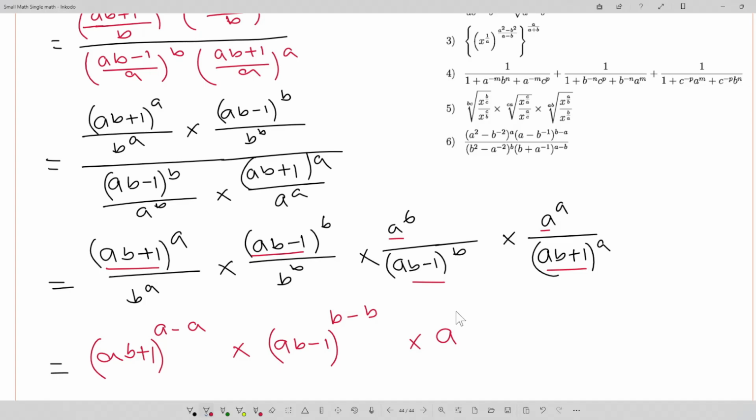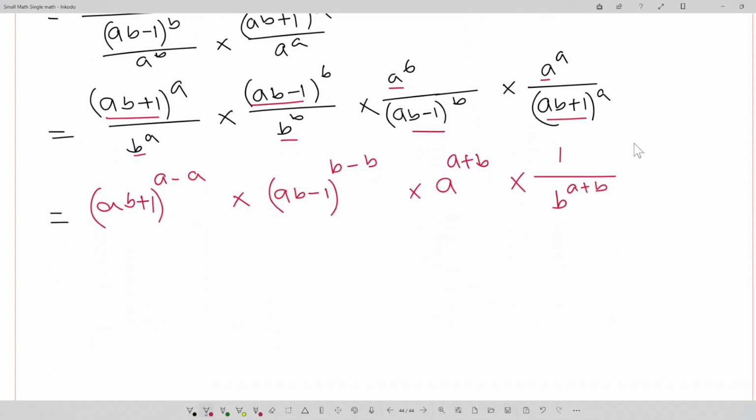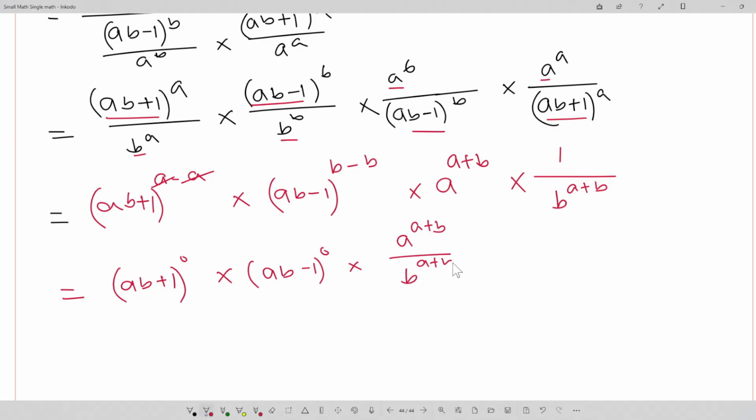We can write a to the power a plus b times, in the denominator here 1 by b and b, it will be b to the power a plus b, okay, and a minus a will be 0, so (ab plus 1) to the power 0 times, similar thing (ab minus 1) to the power 0 times, this one is a plus b and b to the power a plus b, right, and look, (ab plus 1) to the power 0 means 1 times 1, also similar thing, times this one we can write (a by b) to the power a plus b.